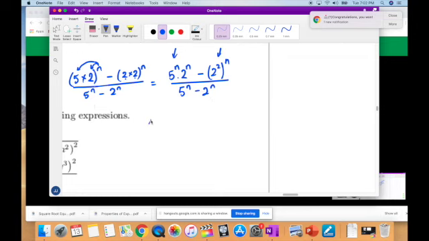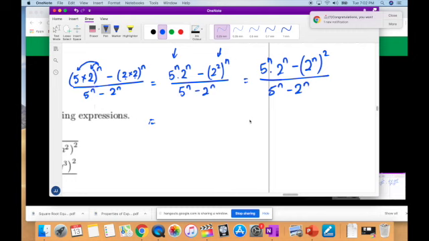So what if I rewrote this as 5 to the n times 2 to the n minus 2 to the n squared? Make sense? Yes, because they're both the same thing, all over 5 to the n minus 2 to the n.